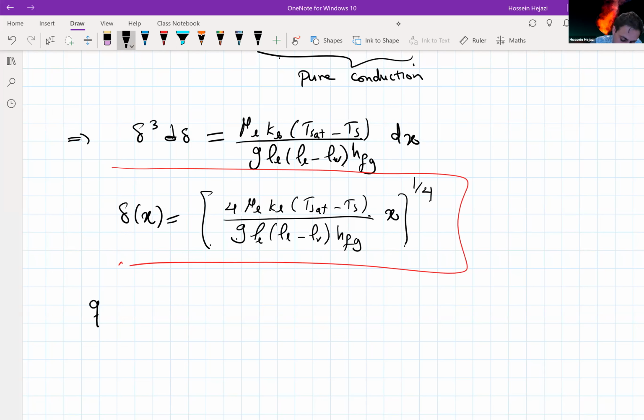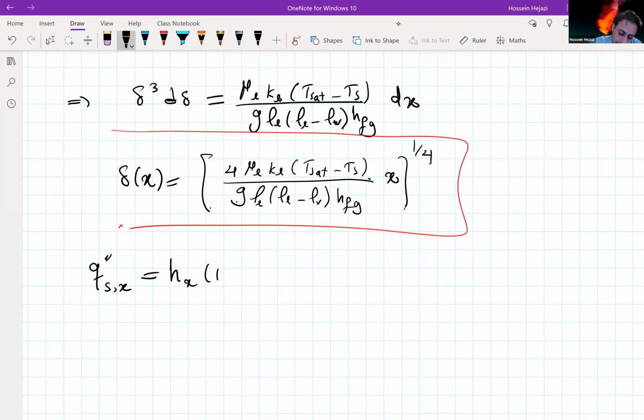Now we know that the flux at any x is going to be h of x times (T_sat minus T_s). That's by Newton's cooling law. And it is coming from the vapor to the liquid-vapor interface, and then from there it's going to be by conduction. So it's going to be k_L (T_sat minus T_s) divided by delta. So from here, h of x is going to be k_L over delta of x.